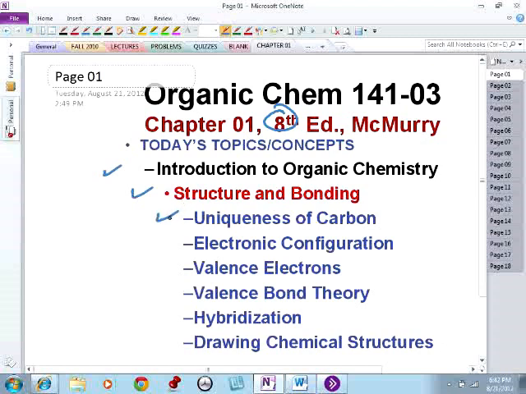Okay, we start off by discussing why do we study carbon in the first place. What is unique about carbon? So we discuss the uniqueness of the carbon atom. Then we go to electronic configuration of carbon and other atoms of interest to us. Go to valence, tell you what valence electrons are. I'm sure you already know about valence electrons.